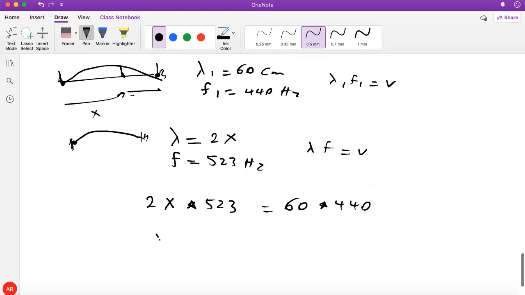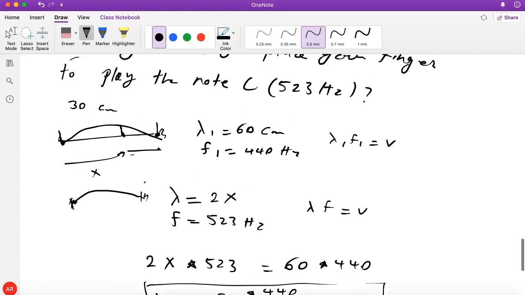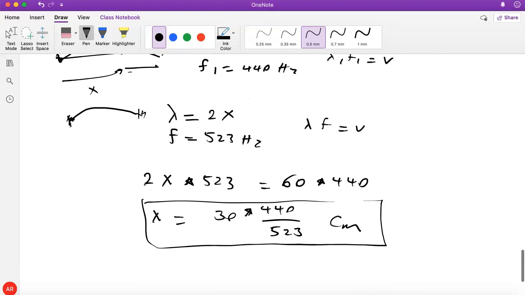And then x becomes 30, right? 60 divided by 2 times 440 divided by 523. That's in centimeters. So whatever that number is, we can put it into a calculator. That's where we should place our finger to produce the note C on a violin.